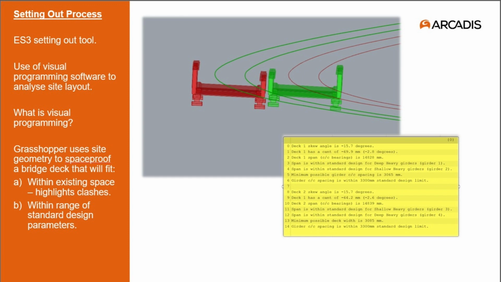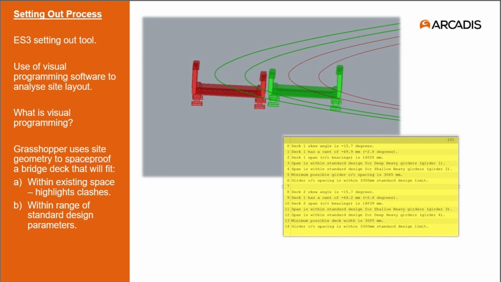So, for example, you can see the red and green decks with daylight between their inner girders, which was a result of us fine-tuning the position of the deck centre lines away from each other underneath the fixed track positions.